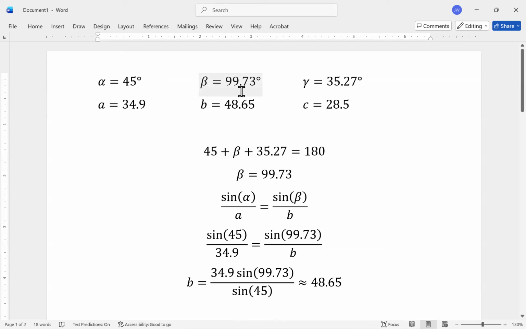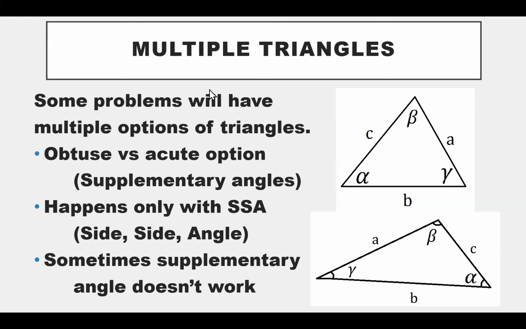Larger angles are associated with the longer sides. So sometimes we get multiple triangles, sometimes we don't, on this side-side-angle scenario where we have one angle and its associated opposite side.